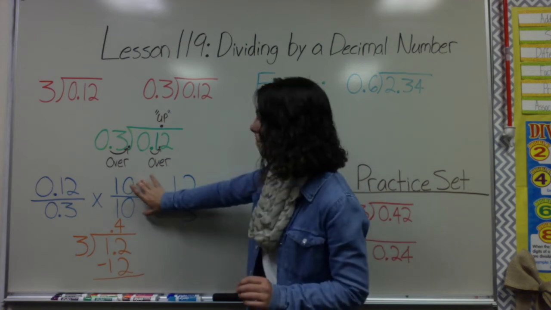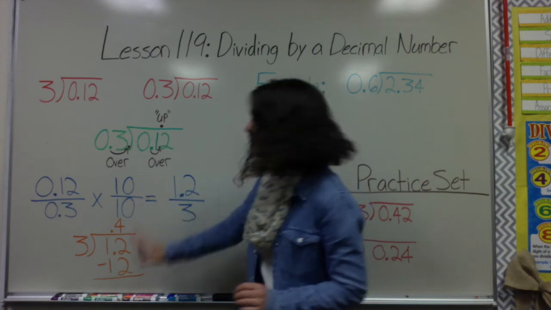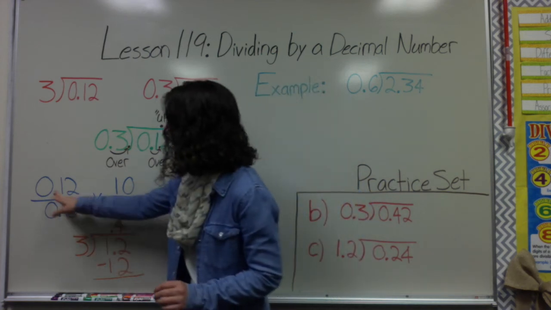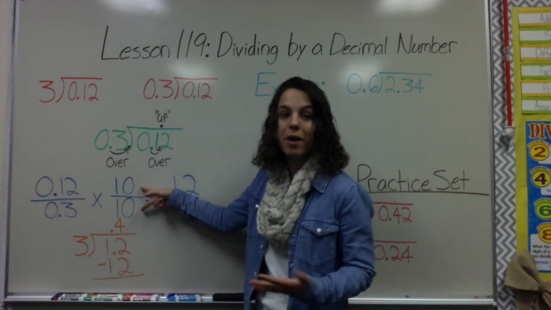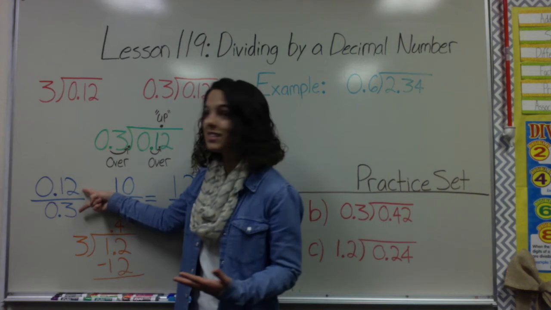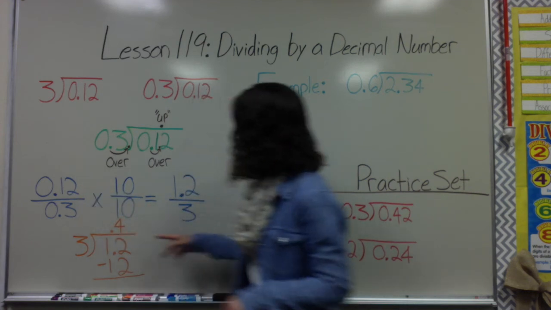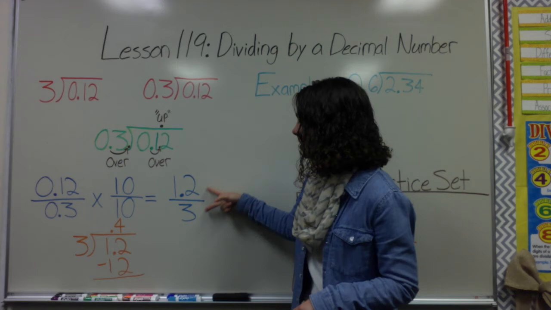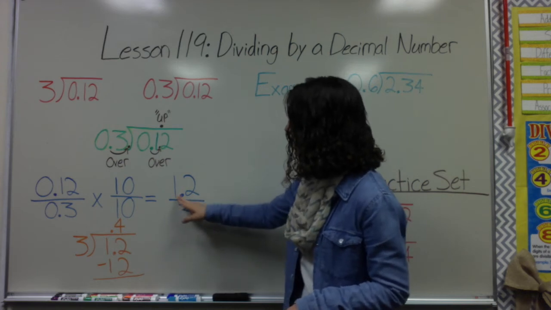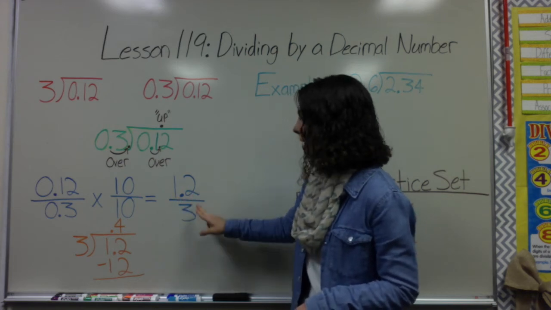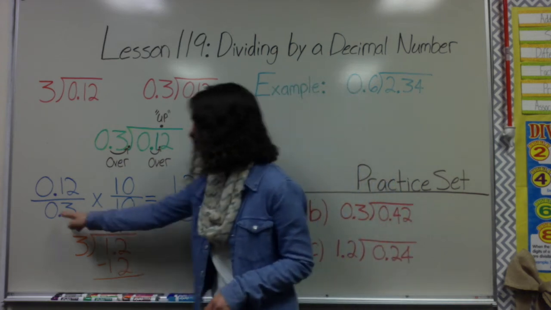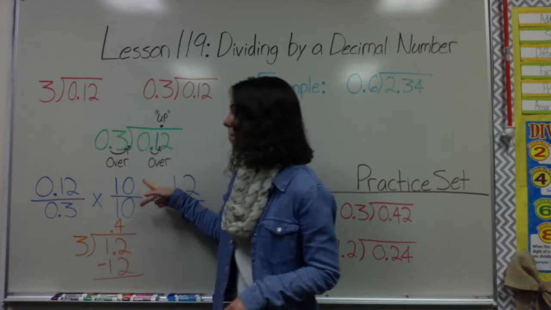So if I multiply both by 10 over 10, my decimal point gets moved over to the right, and this equals 1. So the value of both of these does not really change. The division problem itself does not change. And my final answer would then be 12 tenths divided by 3.